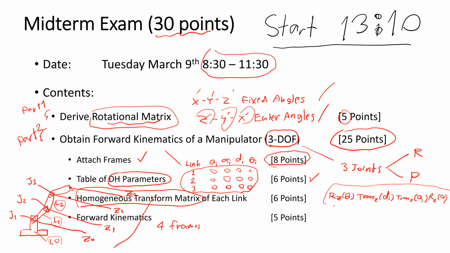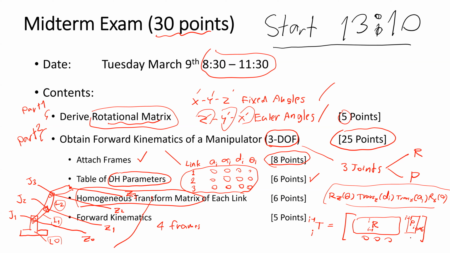By this information, we have the homogeneous transform that relates link i to link i minus 1. We have the rotational matrix and the origin of frame i with respect to frame i minus 1.